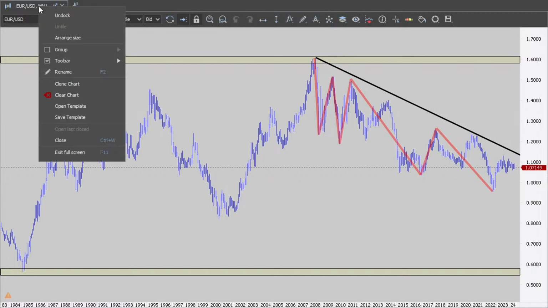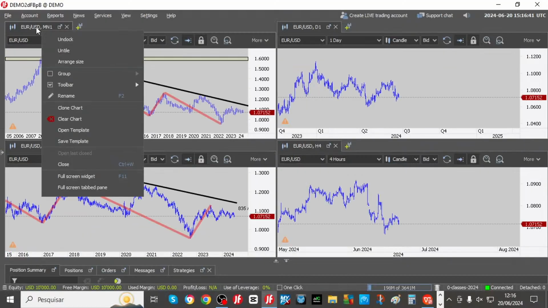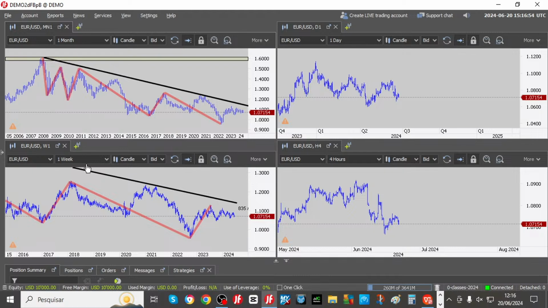On JForex 3 it's right click and exit full screen. So it's right click, everybody, full screen tabbed panel, and it's right click, exit full screen. On JForex 4 you need to press F11 to come back. Alright?